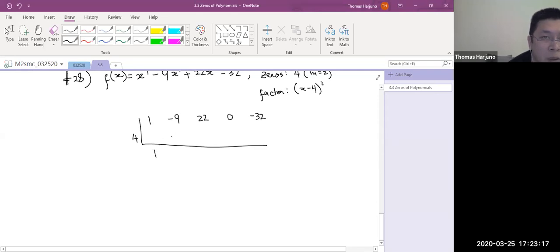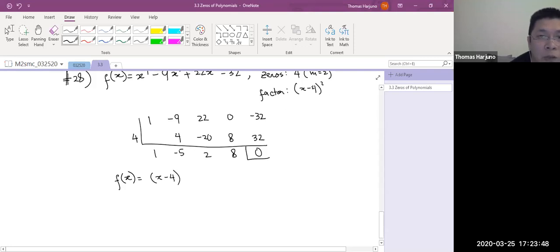Now, because 4 is a zero, I expect the final answer here will be 0. The remainder is supposed to be 0. Okay, but let's see. So this is 4, negative 5, negative 20, 8, 32. Okay, so it means our f(x) is now, I can factor x minus 4 out, which we expect.